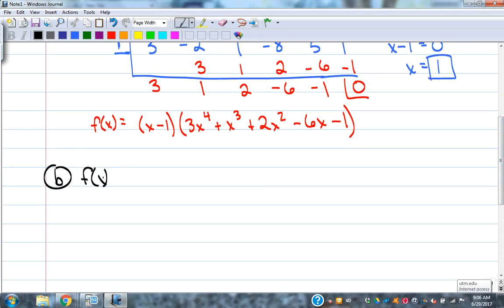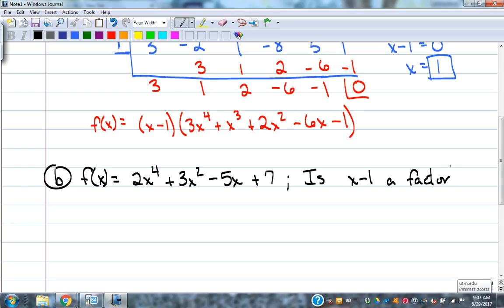F of x is equal to 2x to the fourth plus 3x squared minus 5x plus 7. And we want to know, is x minus 1 a factor? We're going to check the same factor and see if it works for this polynomial.